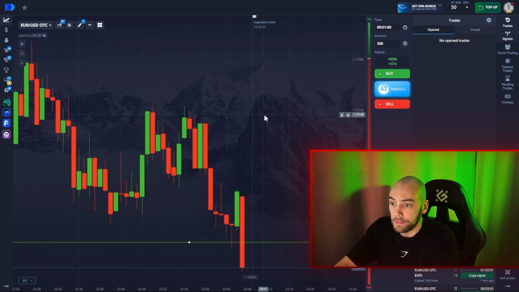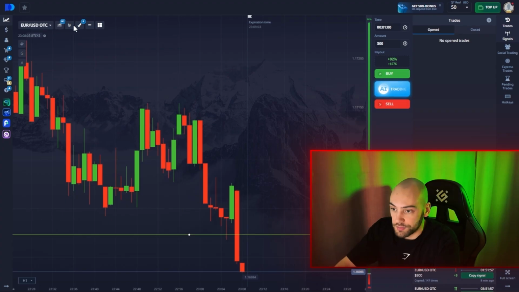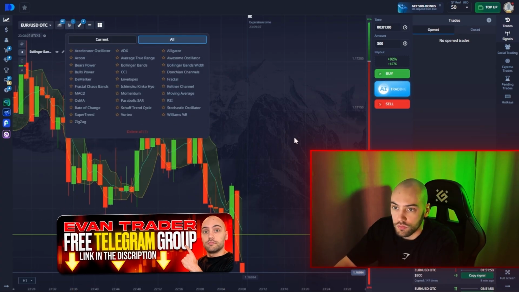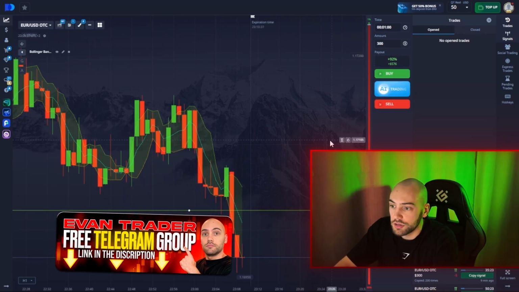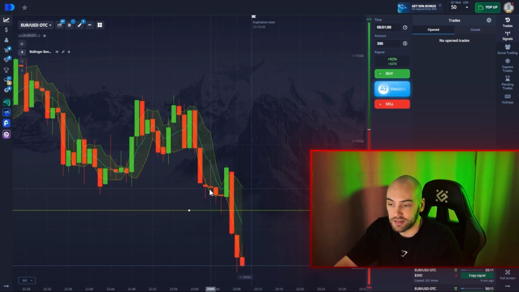Okay, so now, opening our indicators. Here it is. Let me explain simply. It's made of 3 lines: the upper boundary, middle line, and lower boundary. The idea is very simple.